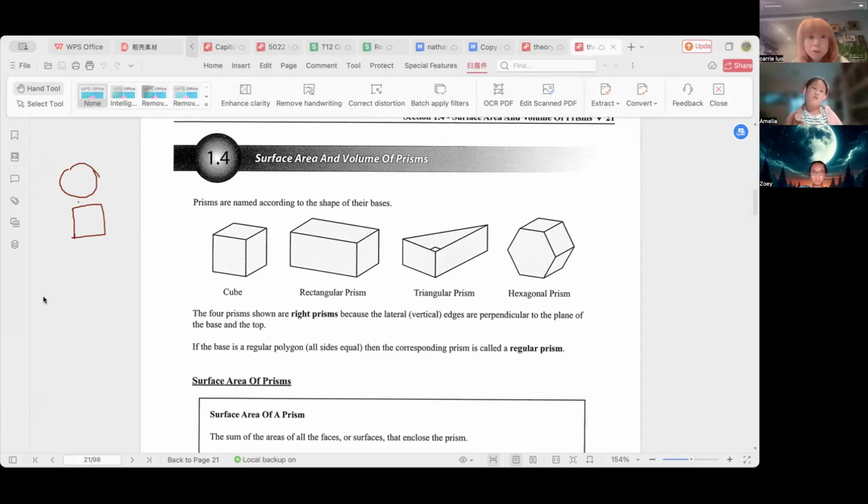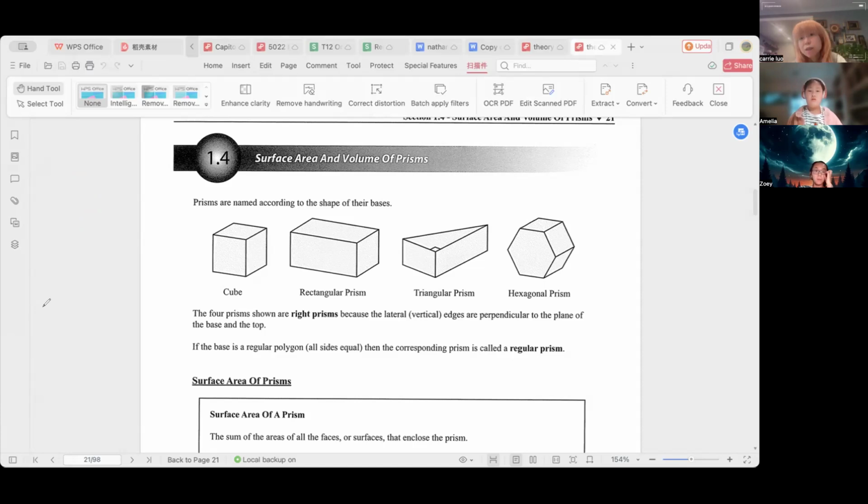So today we learn something about geometry as well, but before, the geometry is flat, we called it 2D, right? So when we're talking about the surface area or volume of the prism, that means the thing is what? It's 3D, right? Yeah, so we're talking about the volume and the surface area.